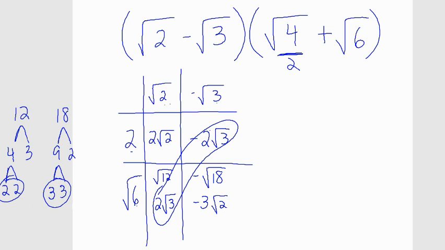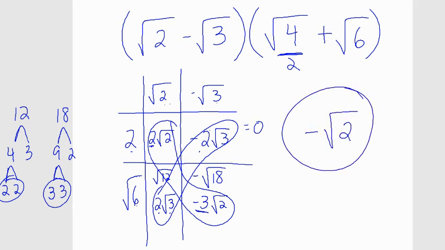It's possible. But this is 2 root 3 plus its opposite. This is just equal to 0. And then here you have 2 root 2 minus 3 root 2, which would just be 2 minus 3, which is just negative 1. So this final answer would be negative root 2.